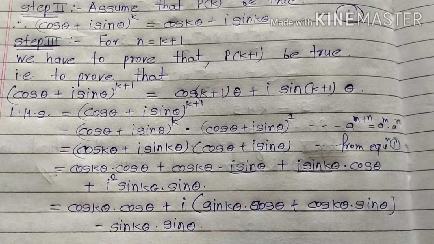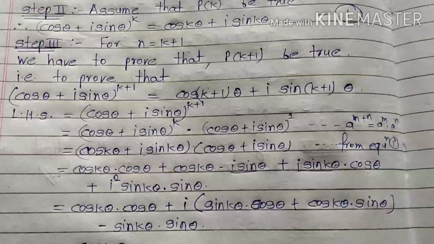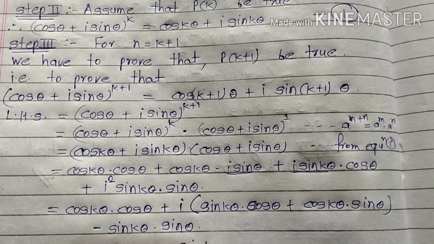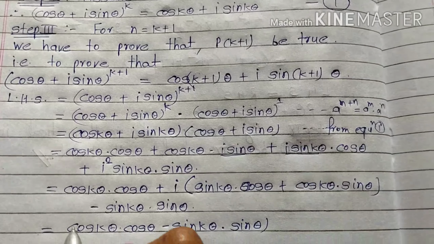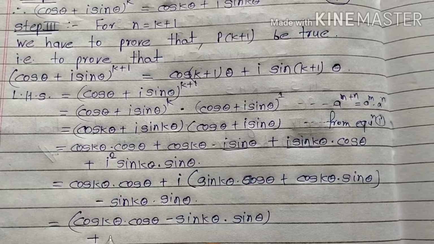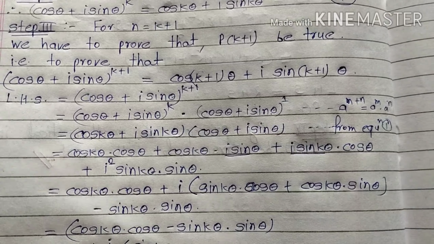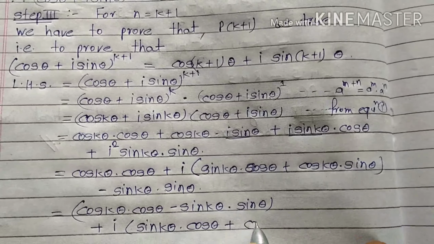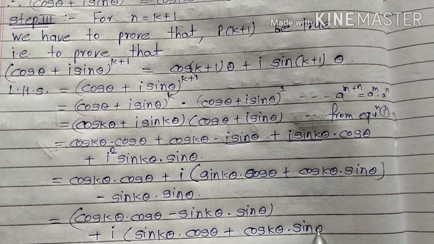Now collect that term, so it is cos k theta into cos theta minus sin k theta into sin theta, and the remaining term I am writing here, which is i sin k theta cos theta plus cos k theta into sin theta.